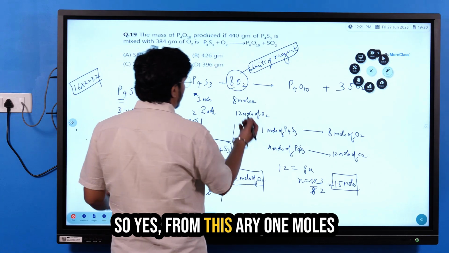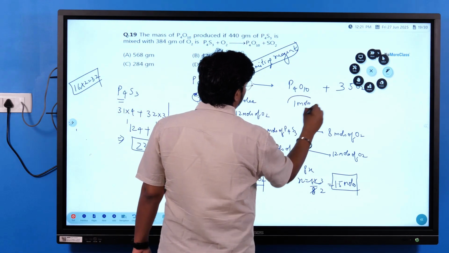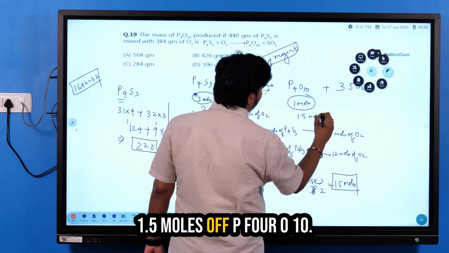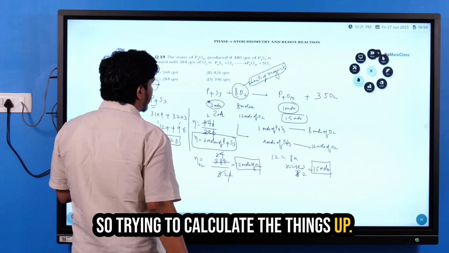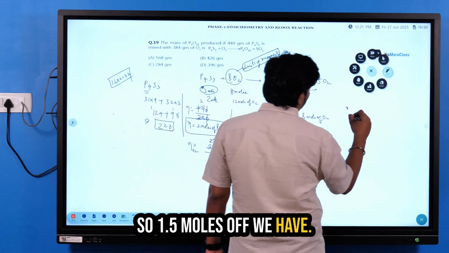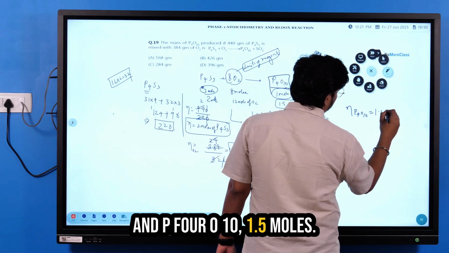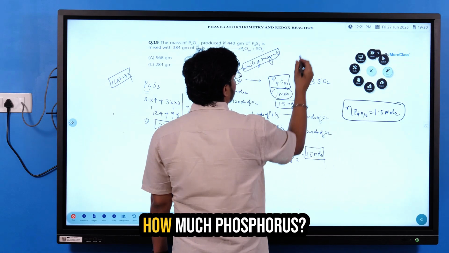From this stoichiometry, 1 mole forms 1 mole of P₄O₁₀. So 1.5 moles will also form 1.5 moles of P₄O₁₀. Now, the molecular mass of P₄O₁₀ is how much?